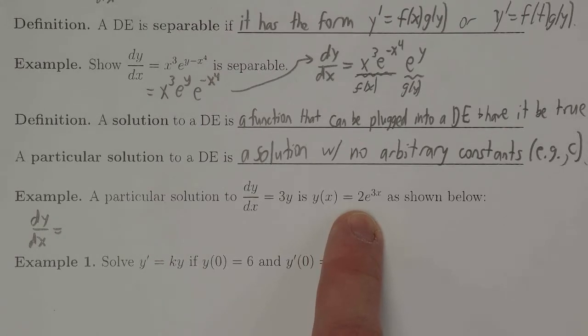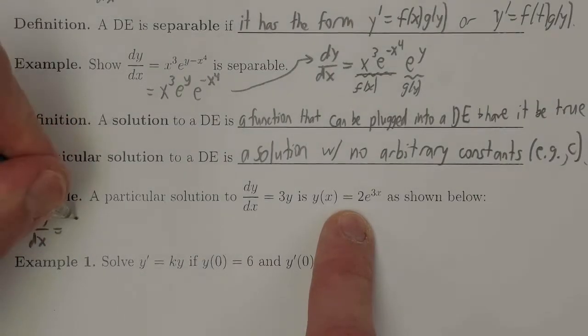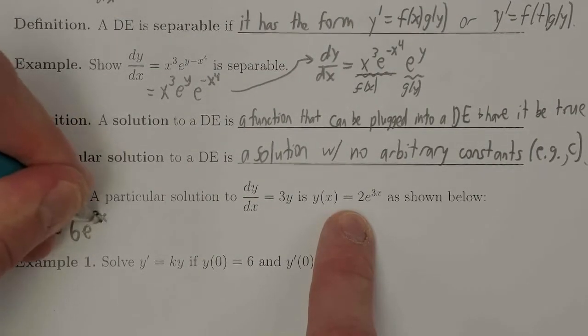We're just applying chain rule on this, so we're just taking the derivative, not the antiderivative. Remember, derivative, not antiderivative. There you go. So it's 6 times e to the 3x. Okay?